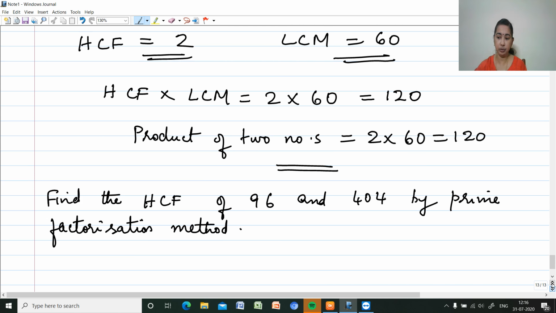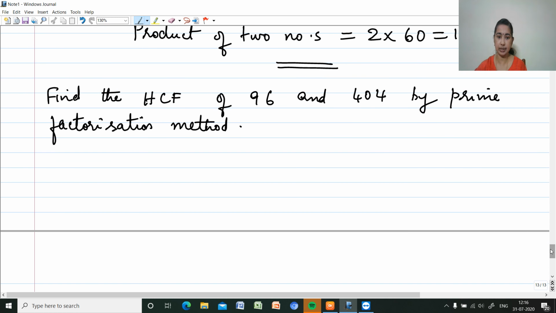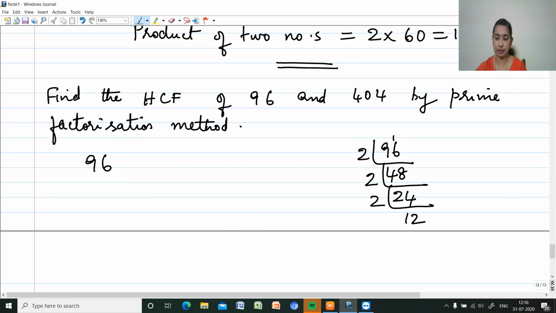Okay, we have to find the factors of 96 and 404. So first we will factorize 96. We'll start with 2. 2 fours are 8, 48. Again, if I factorize by 2, we get 24. Again with 2, we get 12. Then again with 2, 6. Then with 2, we get 3.